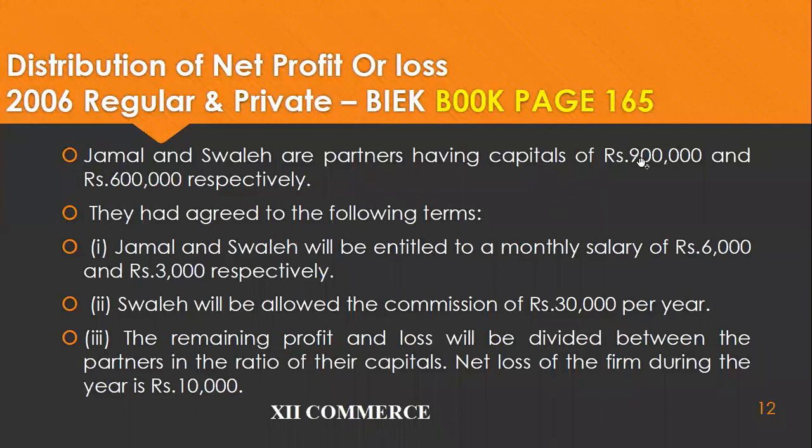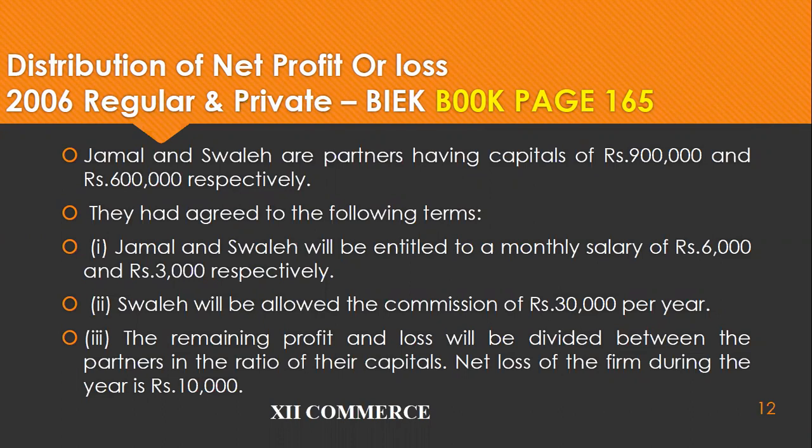It's very easy, 900,000 and 600,000. So what you have to do, 900,000 colon 600,000. Clear? जीरो से जीरो कैंसिल कर दें, हमारे पास ratio आएगा 9:6.